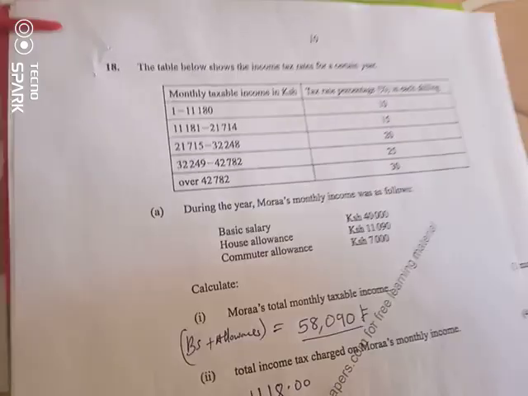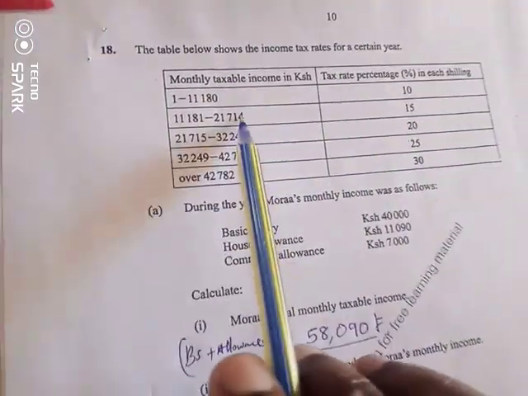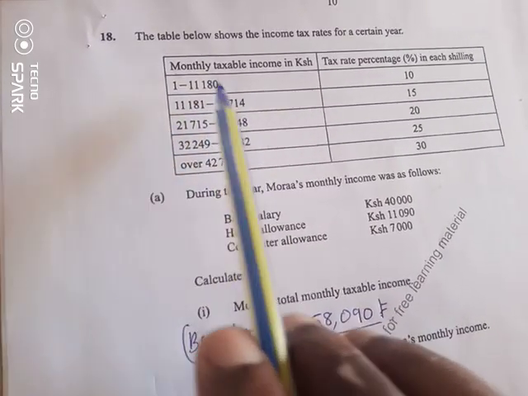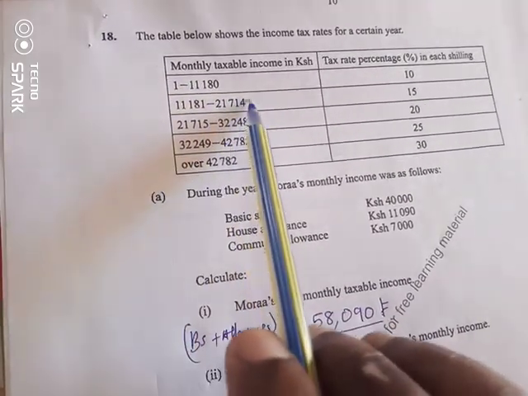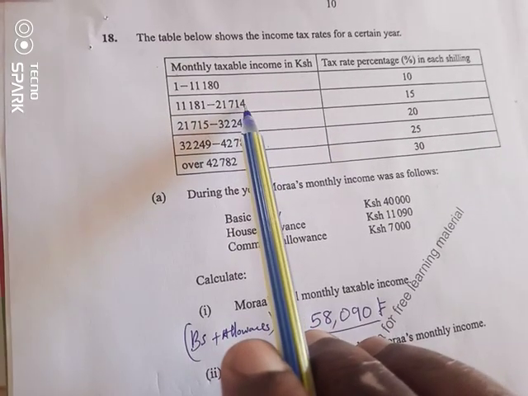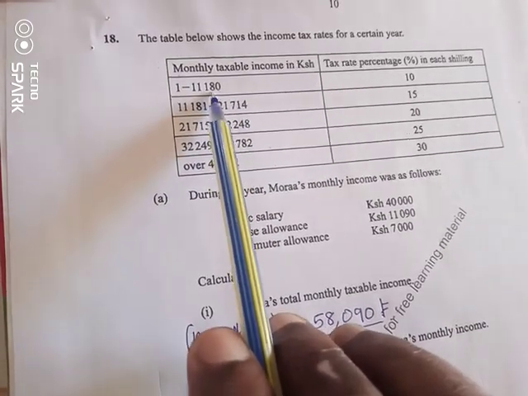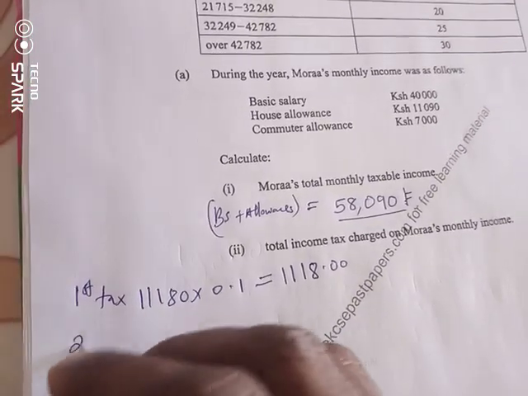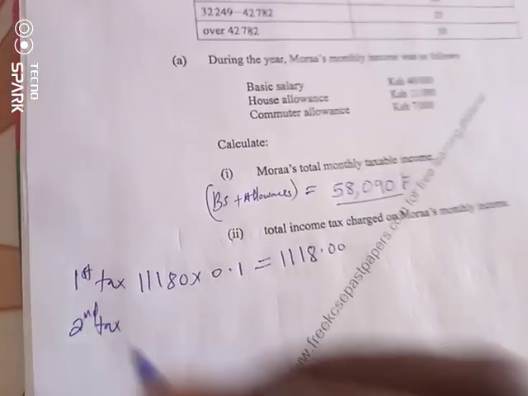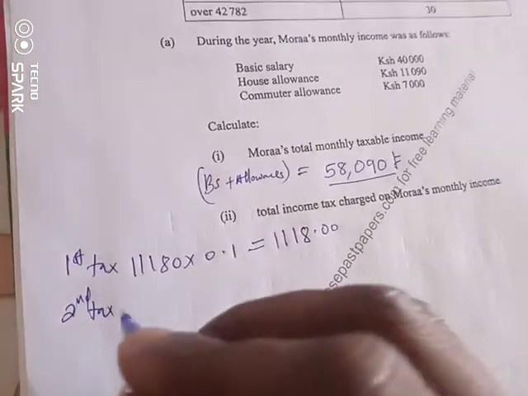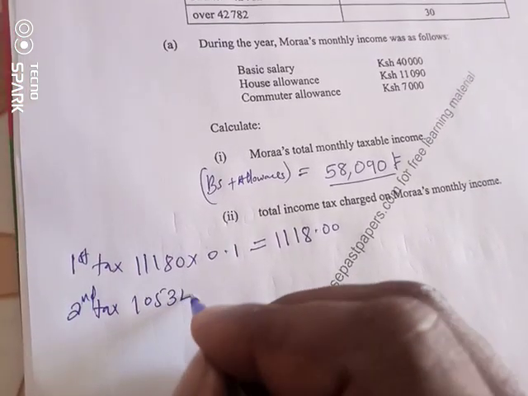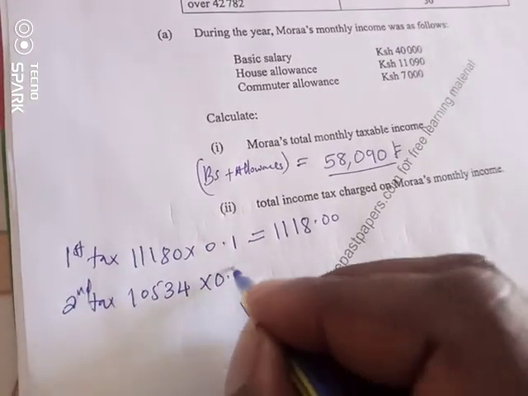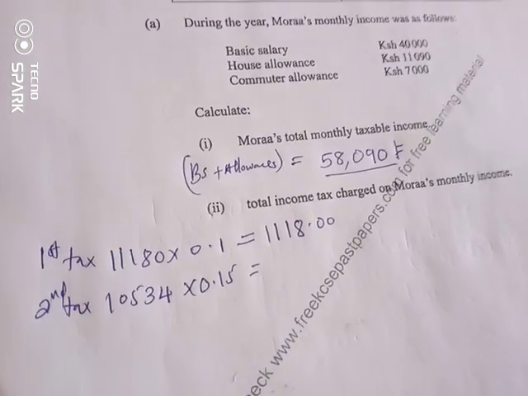Then column 2, the amount going to be charged here, like I always tell my learners, we take this minus that. That is 21,714 minus 11,180. And if you do so, that brings us to the second tax. That is going to be 10,534. When you multiply by the percentage 0.15, what do we get?